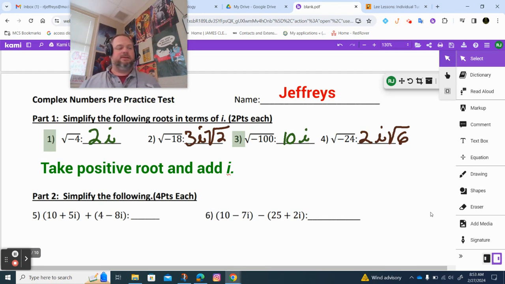The question was if we just do the non-perfect squares like 2 and 4, we just put them in the calculator. It should give us the right thing. Yes. Okay. All right. Are we good here?